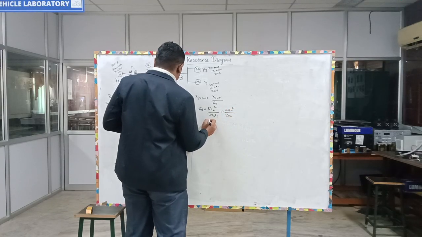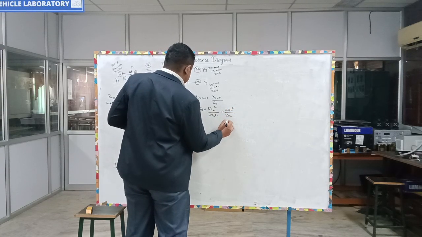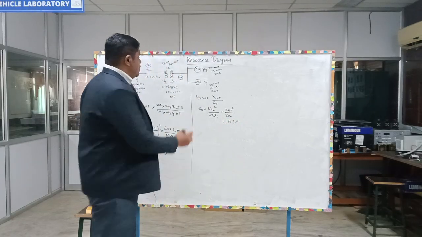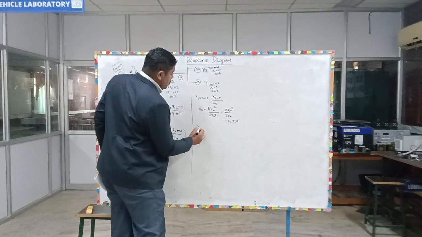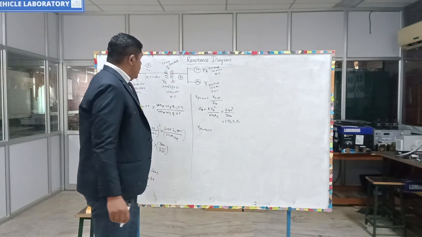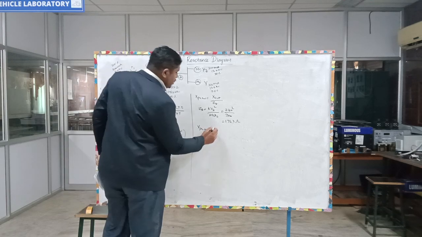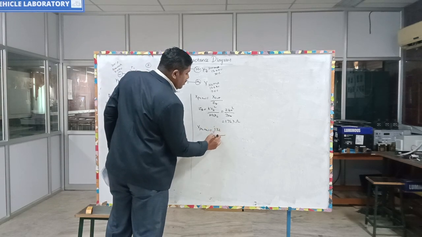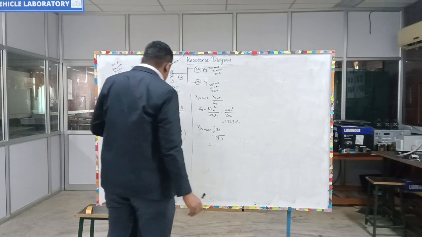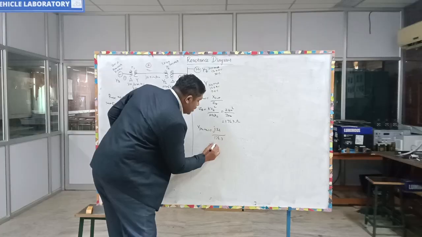So you will get 176.3 ohms. Substituting this Z base, X per unit new is J32 divided by 176.3. So what's your new value? 0.1815 per unit.